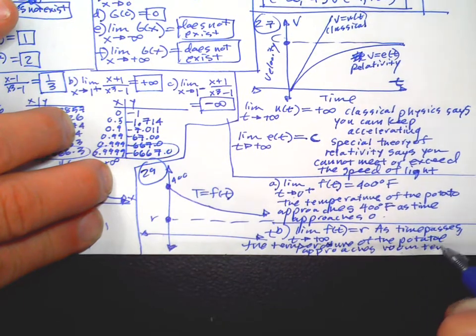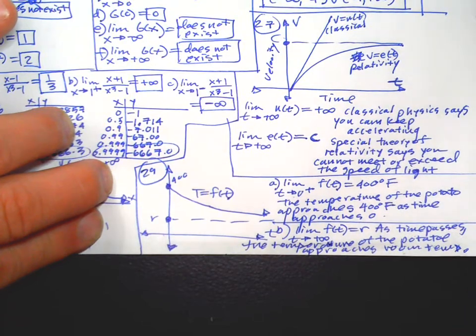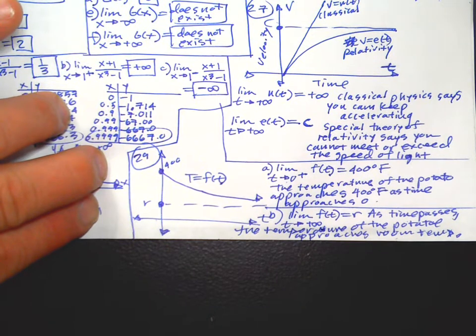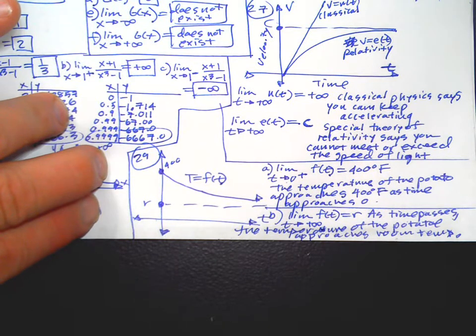Which is how heat transfer works. It's assuming it's a large room. So as the potato cools off, technically the temperature in the room should heat up a tiny bit. But if it's a big room, it doesn't make that much of a difference that you could tell.